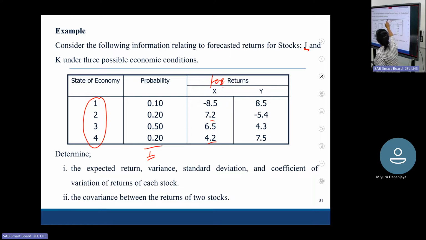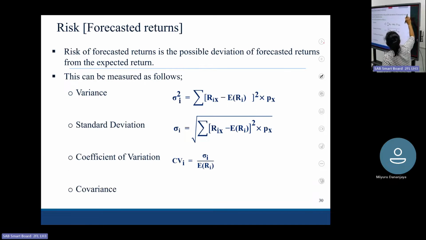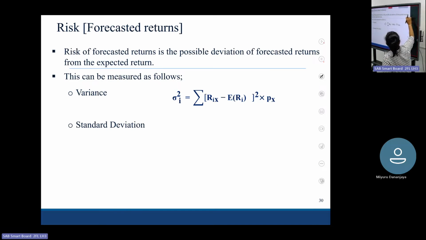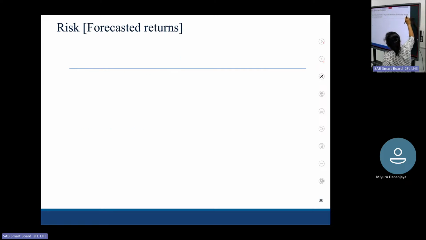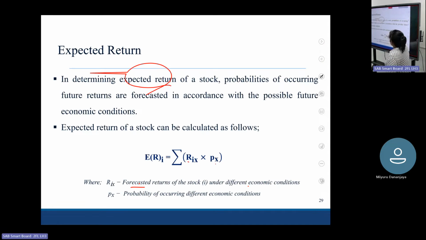So now, based on this forecasted return and the probabilities, you can calculate the expected return for stock X using this formula. Don't worry about the formula. For the exam, we will provide the formula sheet. So this is the formula: forecasted return under each economic condition for this particular stock multiplied by the relevant probability.